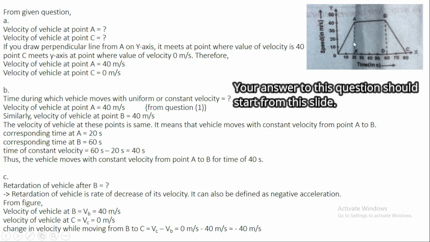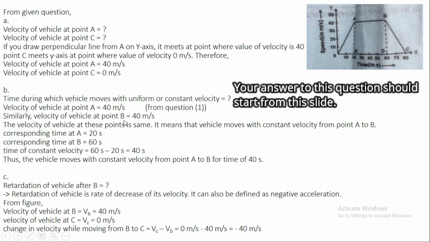If you draw a perpendicular line from A on the x-axis, it meets the x-axis at E, and its corresponding value is 20 seconds. Similarly for B, if you draw a perpendicular BD on the x-axis, it meets the x-axis at D, and its value is 60 seconds.